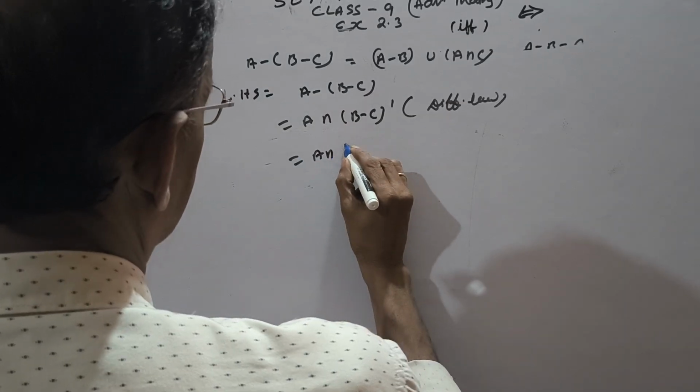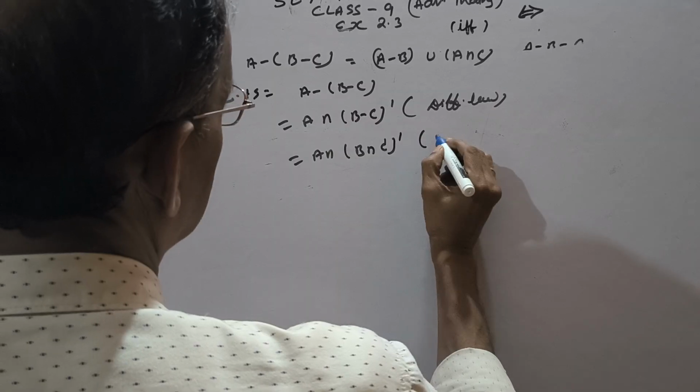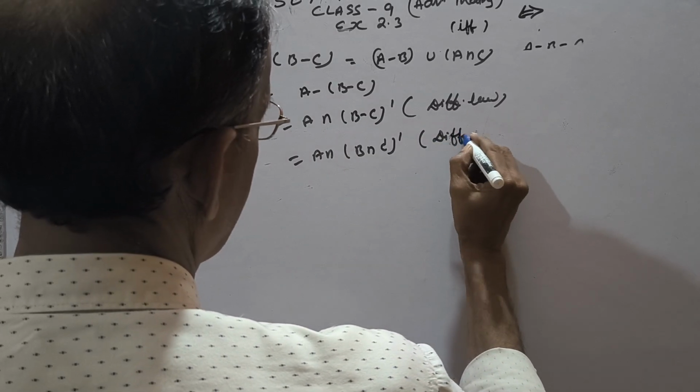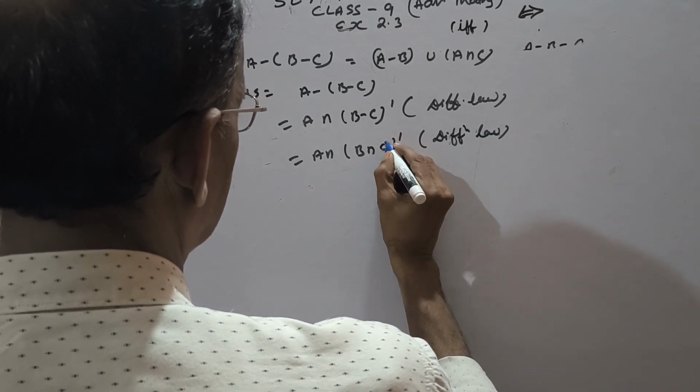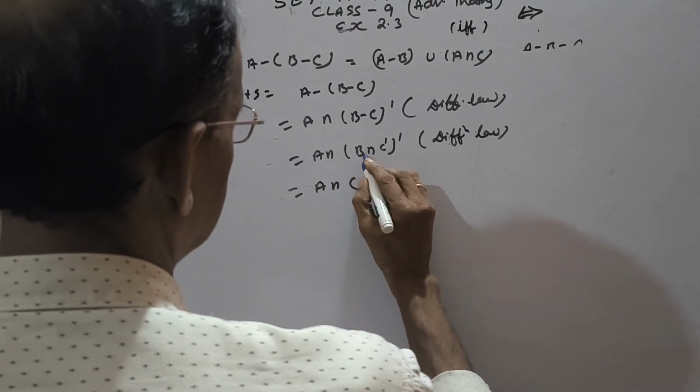Then A intersection, again difference law, B intersection C complement, whole complement, again difference law. This is complement, okay? You know De Morgan's law.